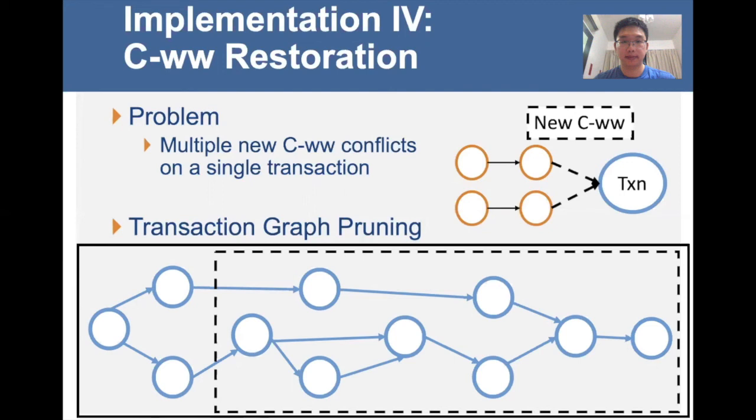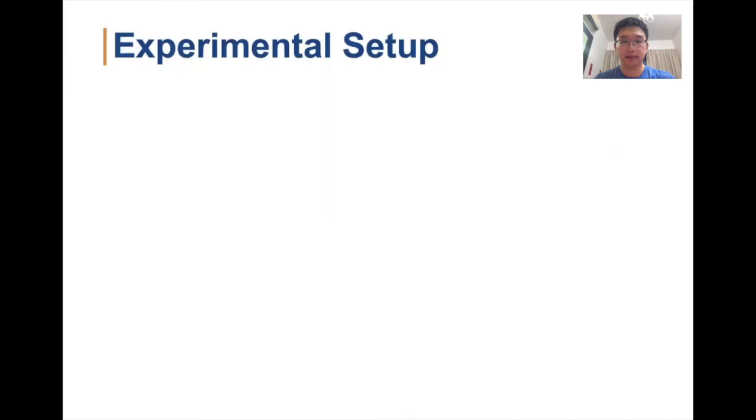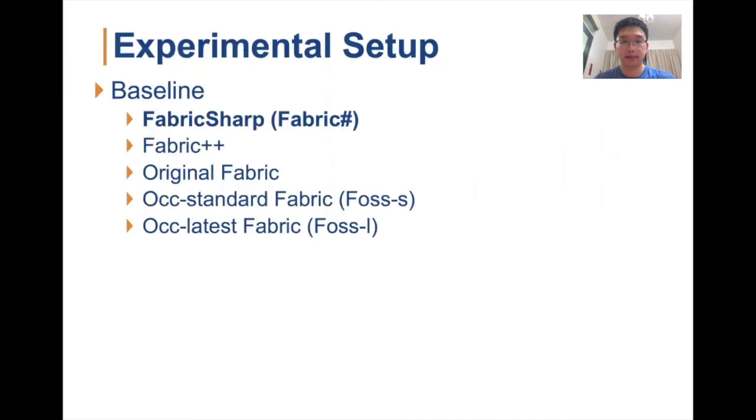In the experiment, we evaluate our Fabric Shop with 4 baselines: Fabric Plus as the previous state-of-the-art, the original Fabric, and 2 Fabric variants equipped with 1 standard and 1 latest OCC technique from databases.